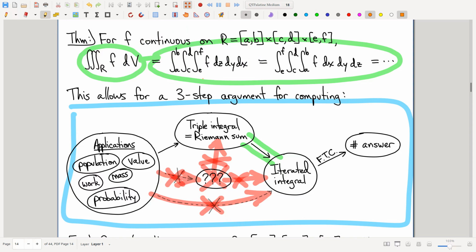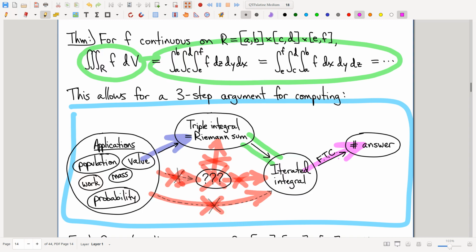And so, as we've already talked about, we took a mass application question and we turned it into a triple integral. So we've got this connection here. And I just asserted, and hopefully you buy it, that there's a connection here. And of course, cranking out the fundamental theorem is something we can always do.